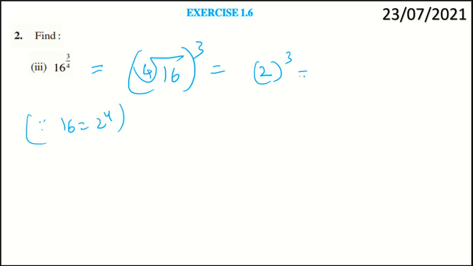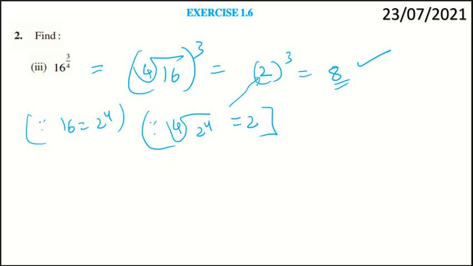So 2 cube is 8 is the answer, okay, because 16 when it is written as 2 power 4, 4th root of 2 power 4 gives you 2 only. So this is the reason why I took straight away 2 here.